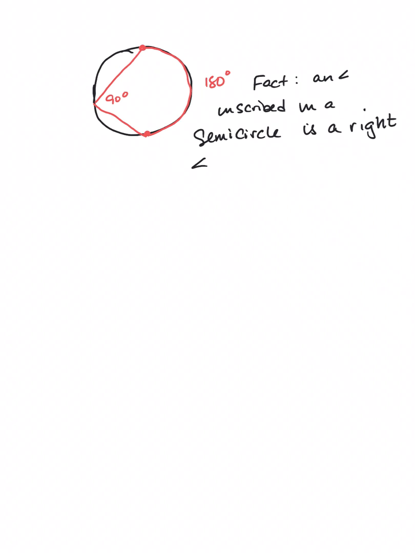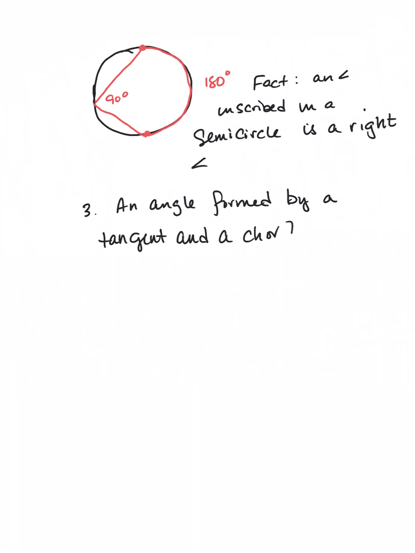Okay. The next thing is when we have an angle, all right, formed by a tangent and a chord. Okay, I'm sure all of this sounds very foreign to you. So I have some chord.